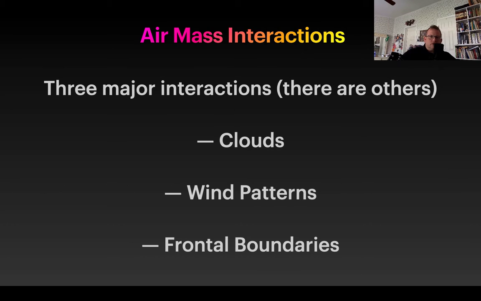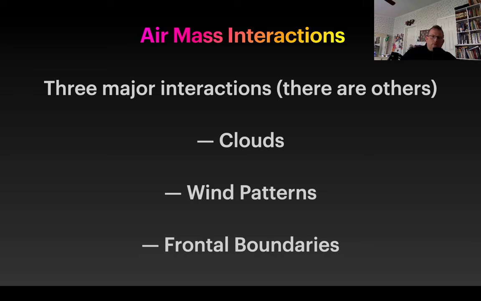So for starters, there are a lot of different interactions that happen with air masses. We're just going to focus on three big ones, three important ones. Clouds, and that's not what you did in 7th grade of understanding all the different types of clouds. We're just going to talk about when to expect to see clouds and when you won't expect to see clouds.